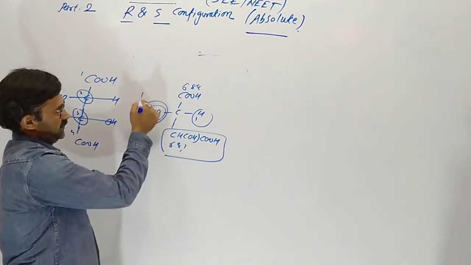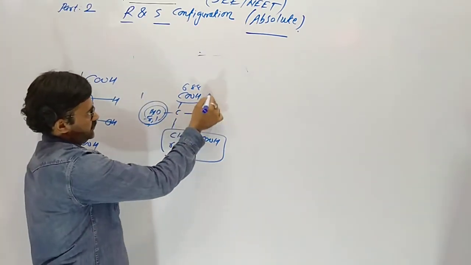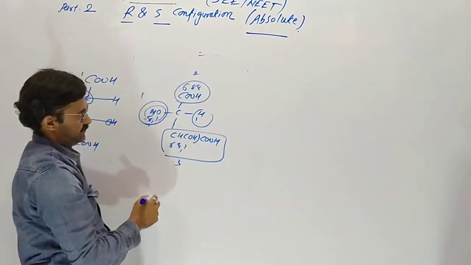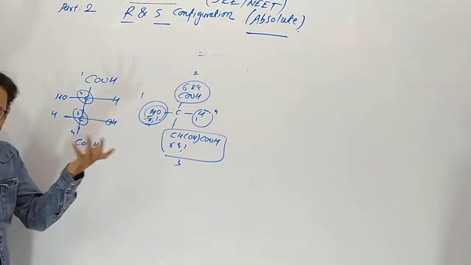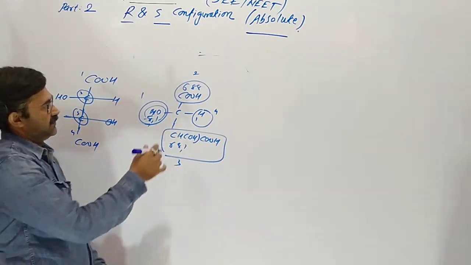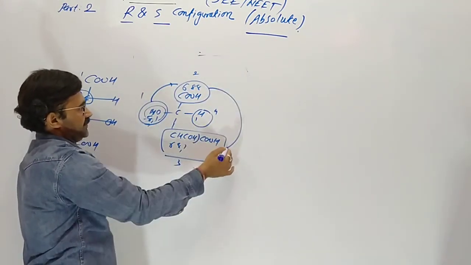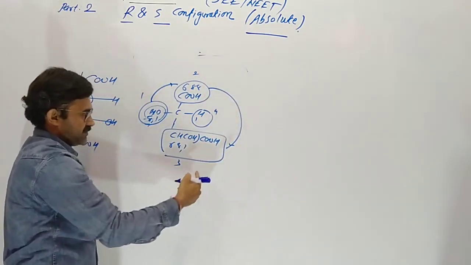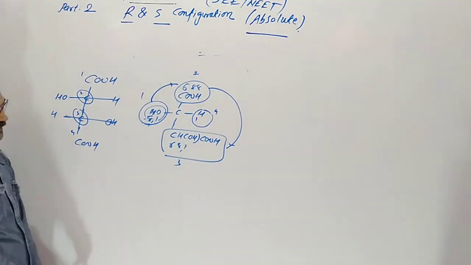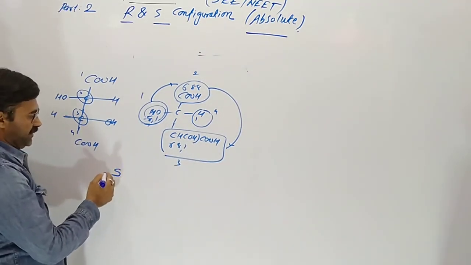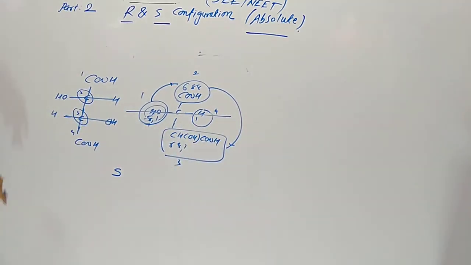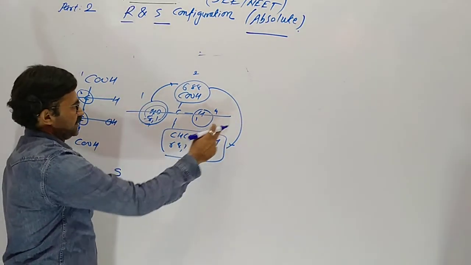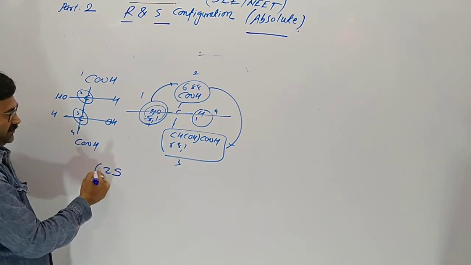So here 1, 2 and 3, and this one is in the 4 position, in decreasing order of atomic number. Now 1 to 2 and 2 to 3. It appears clockwise. It should be R, but it is not actually R. Hydrogen is in the 4th position; the number 4 is on the horizontal line. So S. So 2S.